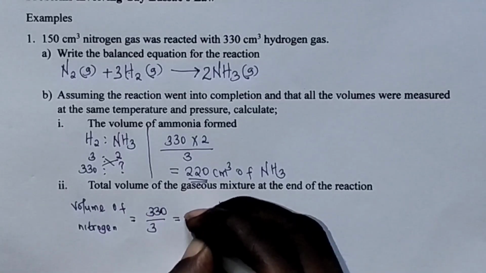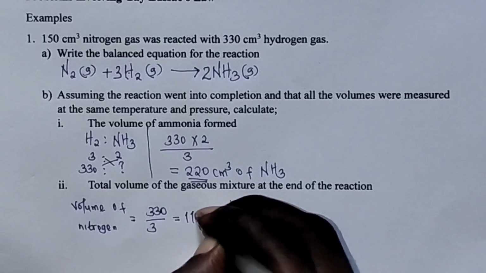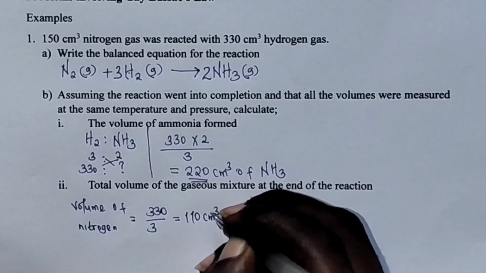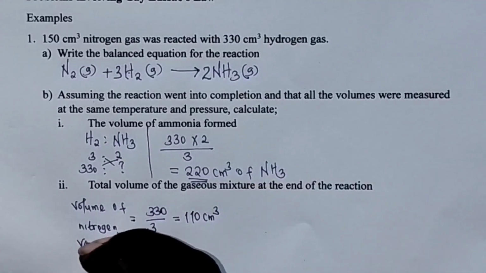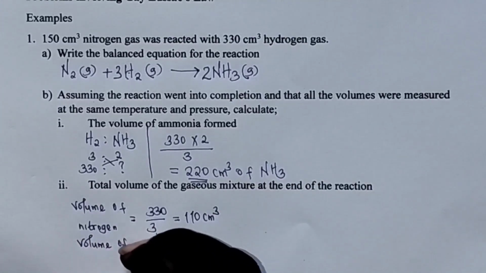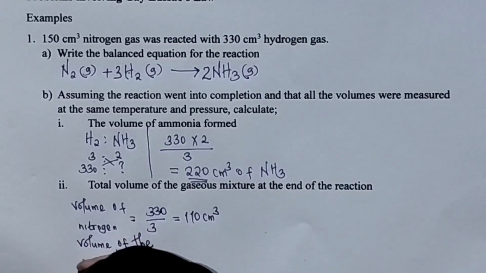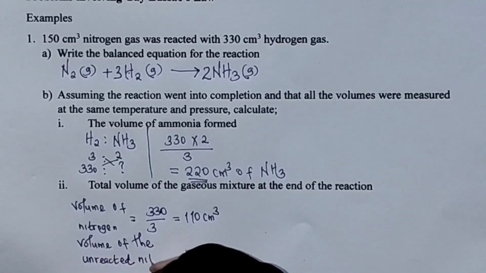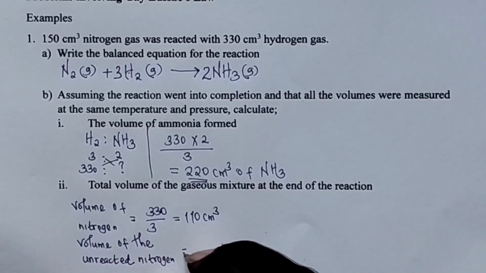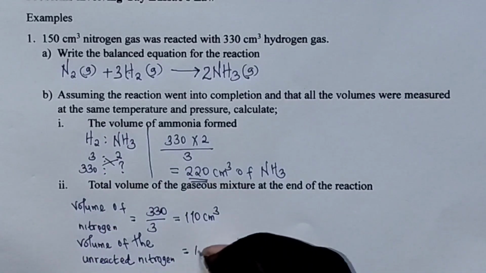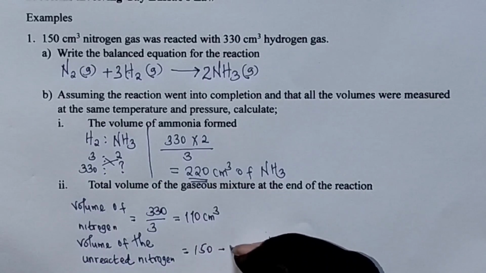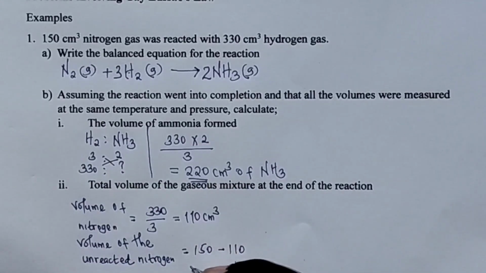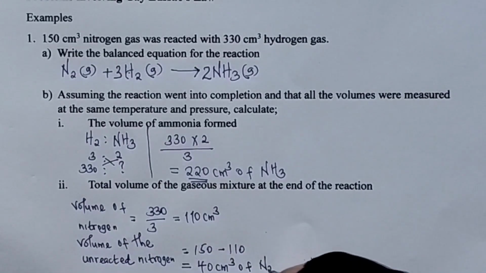This will be 110 cm³. So the volume of the unreacted nitrogen will be equal to the 150 given in the question minus the reacted volume of nitrogen gas, which was 110. Here we get 40 cm³ of unreacted nitrogen gas.